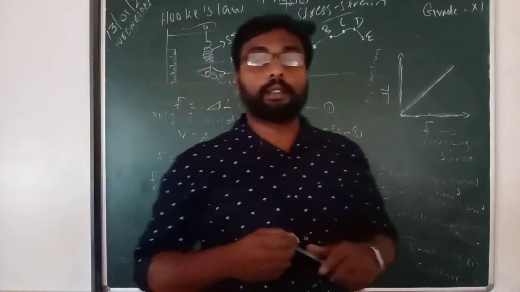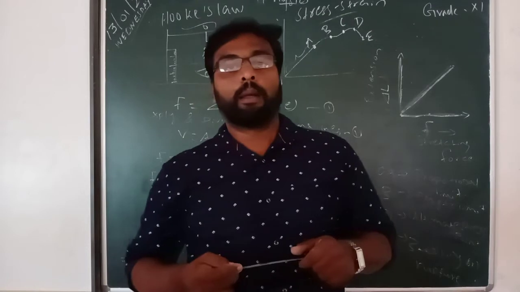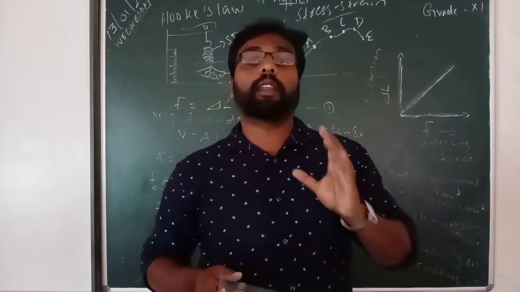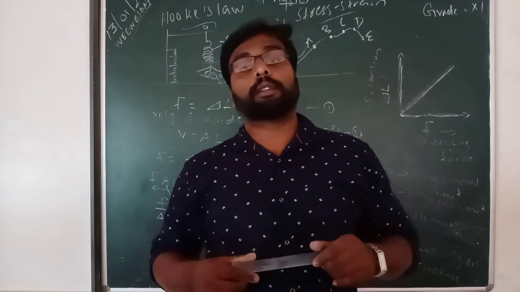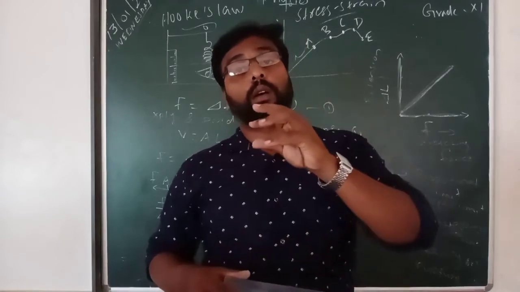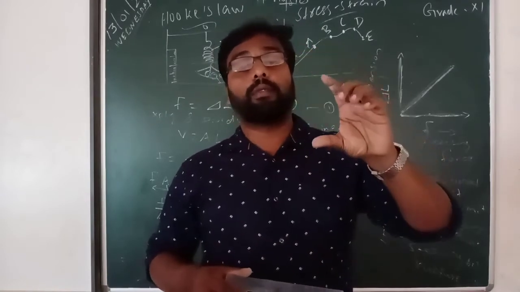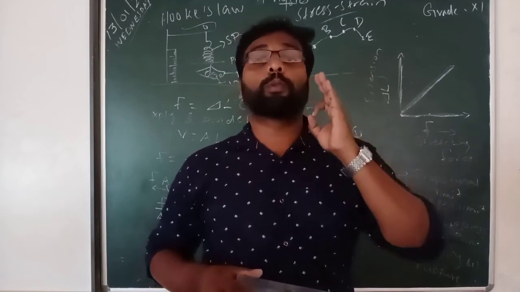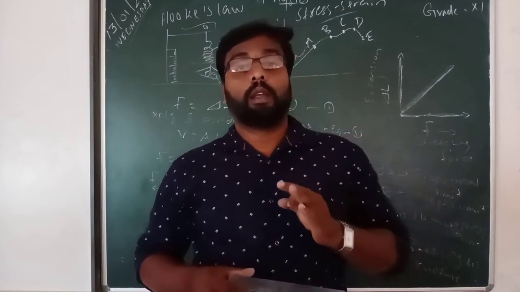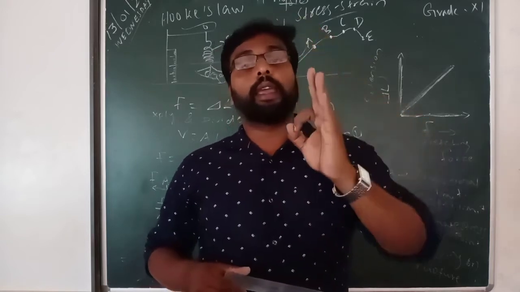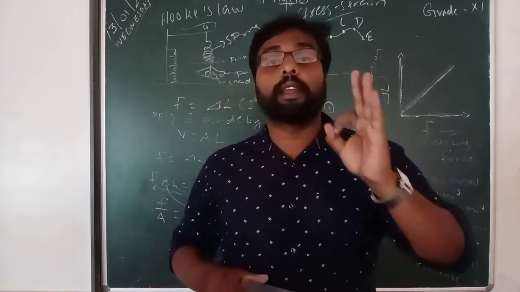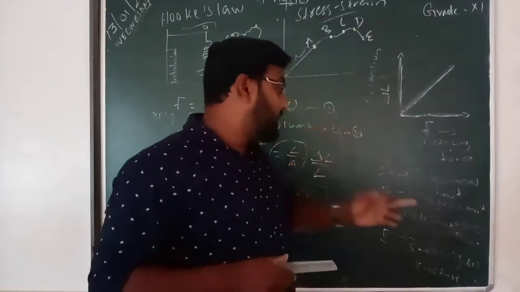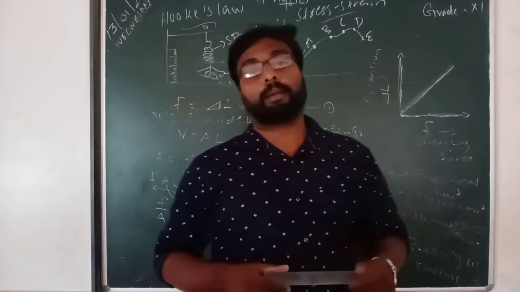Portion OA means what will happen? In this part, stress and strain are directly proportional to each other. You can see a straight line graph. A straight line graph means stress and strain are both directly proportional to each other until the point A. The point A is the limit of proportionality, or proportional limit, we can say.